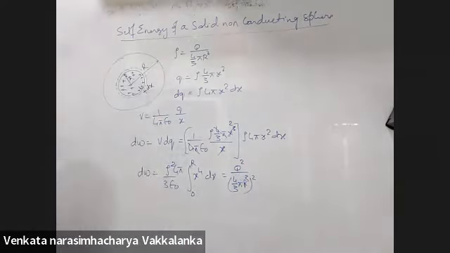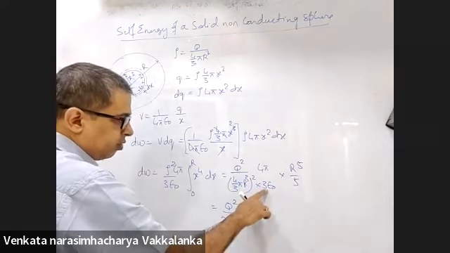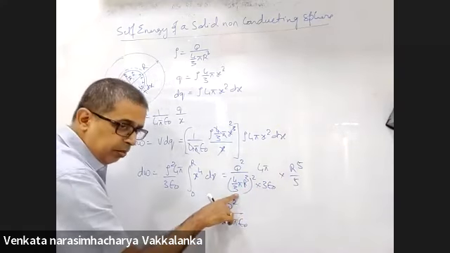Right? Q square, 4 pi here, 4 pi square here. So I am left with 4 pi in the denominator. I'm left with 4 pi into 5, which will be 20 pi epsilon naught. 3 here, 3 square in the denominator.